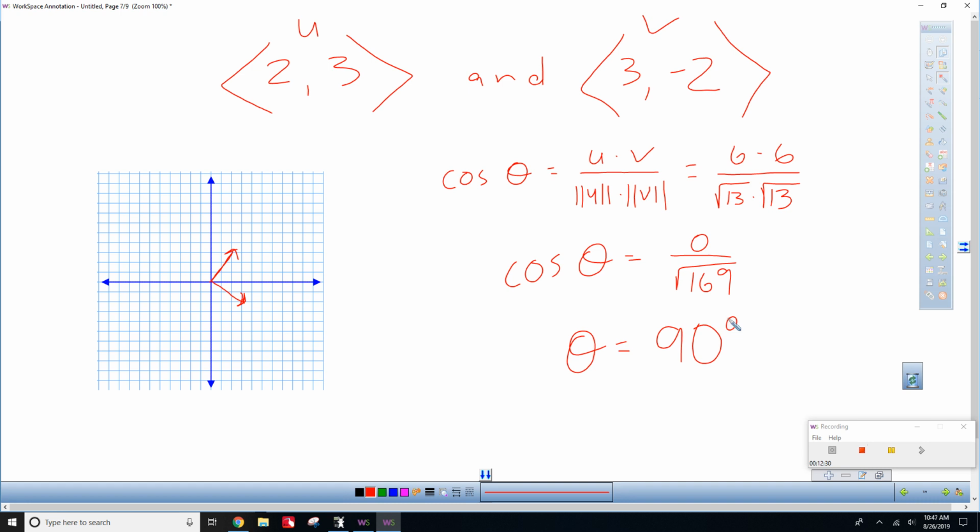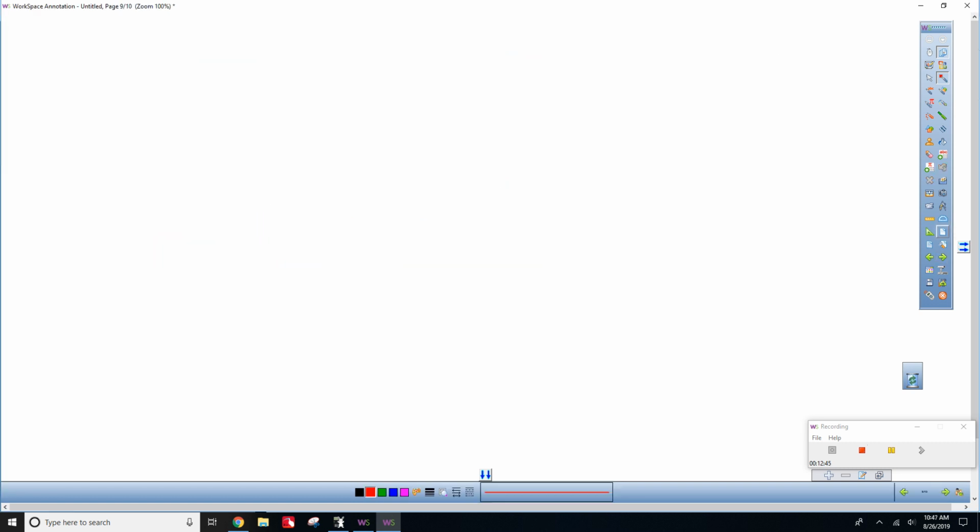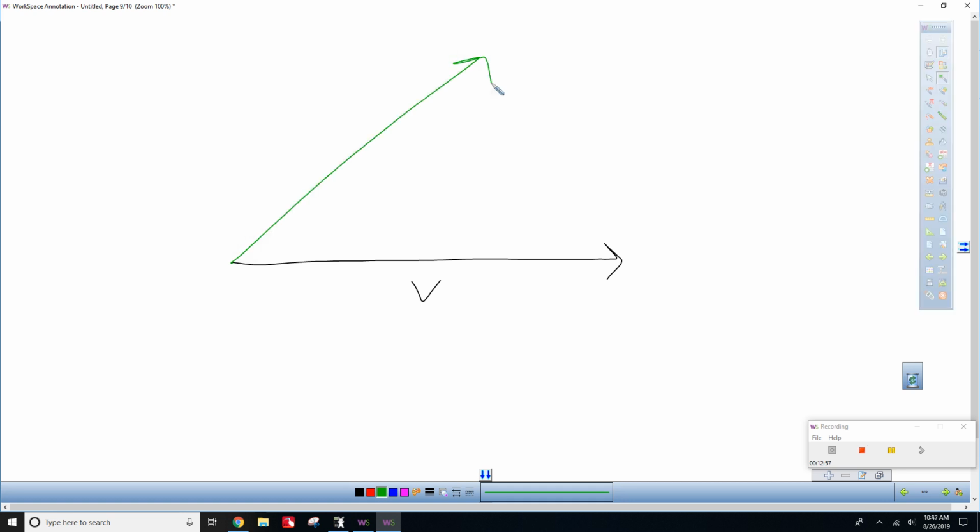Okay, now I'm going to show you one more formula, but I want you to understand what you're doing here. If this is vector V, and this is vector U, I'm going to teach you what's called the projection of U onto V. Now, the order matters here.